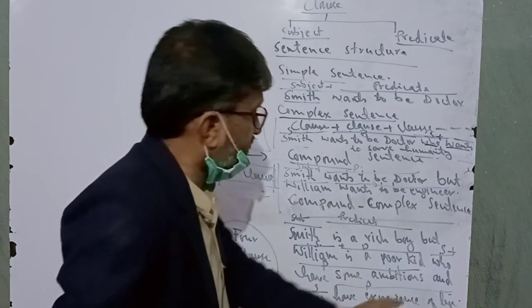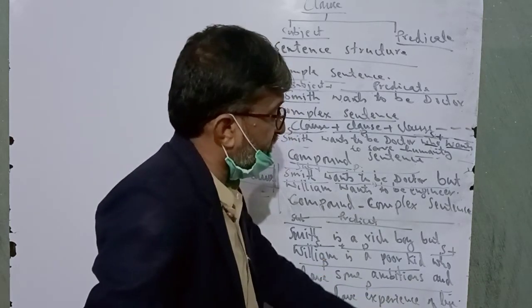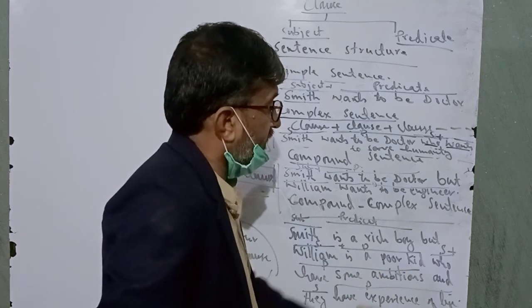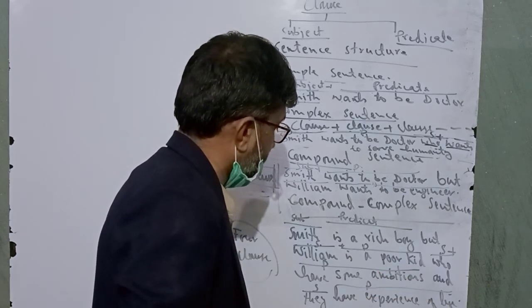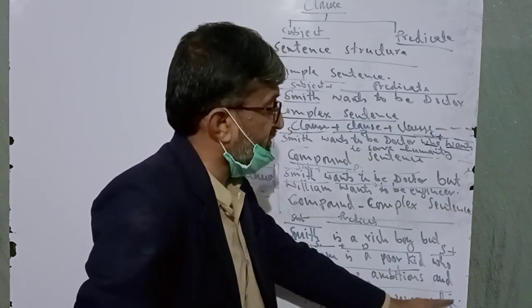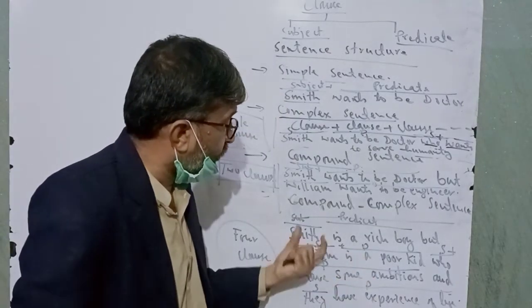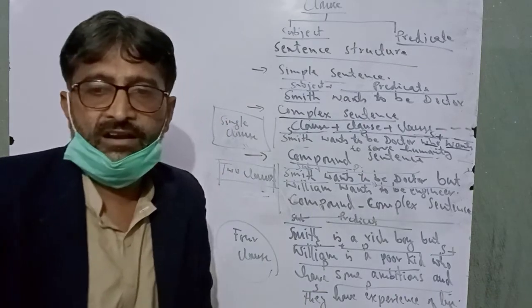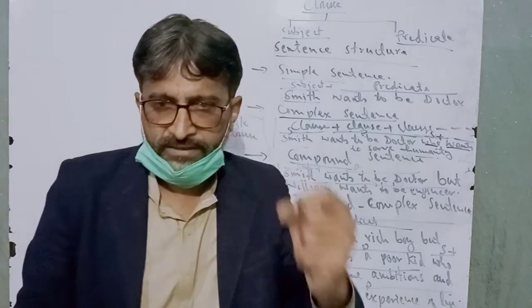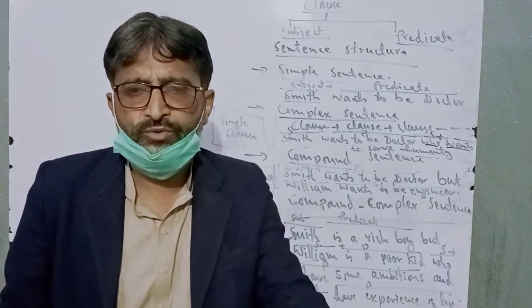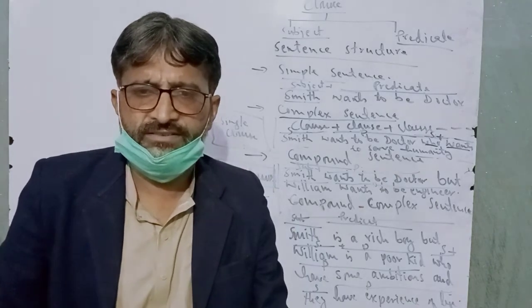And again you will see, and they have experience of life. Here "they" is subject, and "have experience of life" is predicate. So there are four clauses in general. Two clauses are independent clauses and two clauses are dependent clauses.